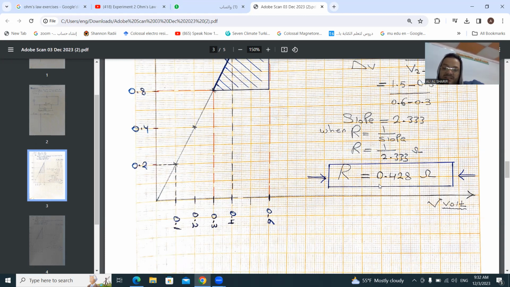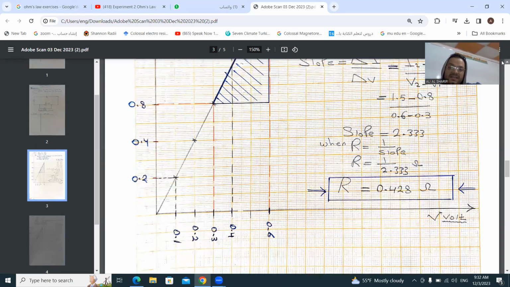The resistance is equal to 0.428. It's acceptable. Why? Because my resistance was equal to 0.5 ohm. That means the result is acceptable.